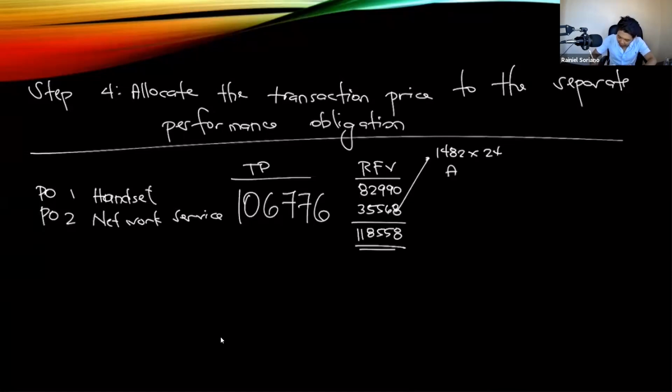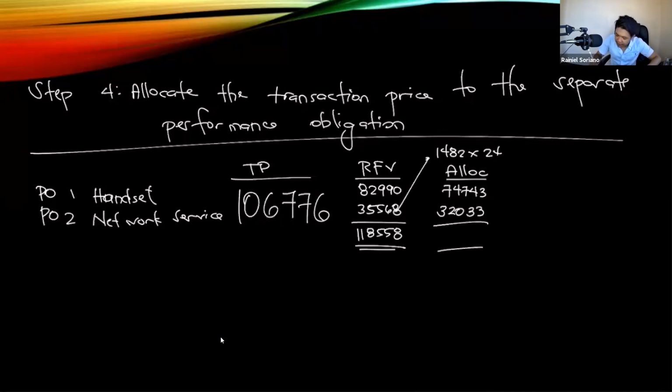Okay? Ngayon, allocate na natin. Magkano yung kay handset? 106,776 times 82,990 divided by 118,558, or this is equal to 74,743. For the network service, that's 106,776 times 35,568 divided by 118,558, or this is equal to 32,033.